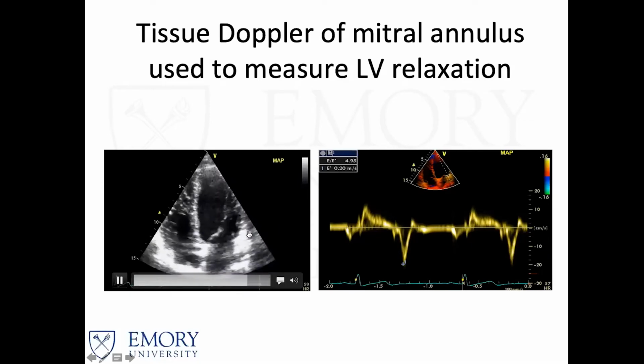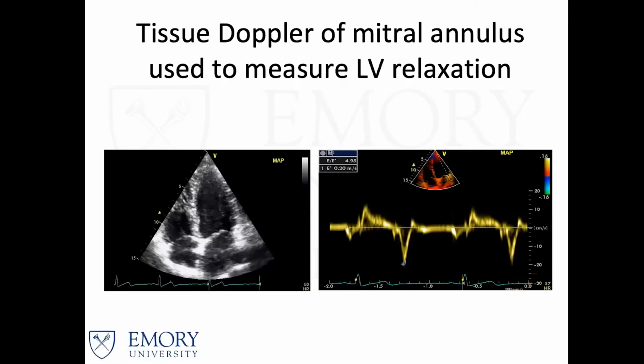But really, if you look at a young person, you should probably see numbers close to 20. And as we get a little older, down to the mid and lower teens. So those cutoffs I don't think are universal across the age. If I see a 20-year-old with tissue Dopplers of 7 and 10, that is very abnormal.